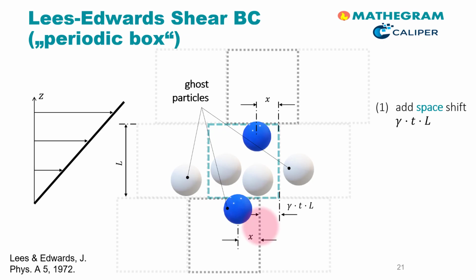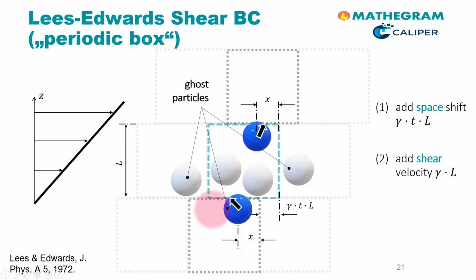The second thing to consider is that the whole domain is deformed with the shear rate gamma. Hence, we also have to consider a shear velocity shift gamma times L. Specifically, we add this velocity shift only to ghost particles that are added in the z direction, so this one here.